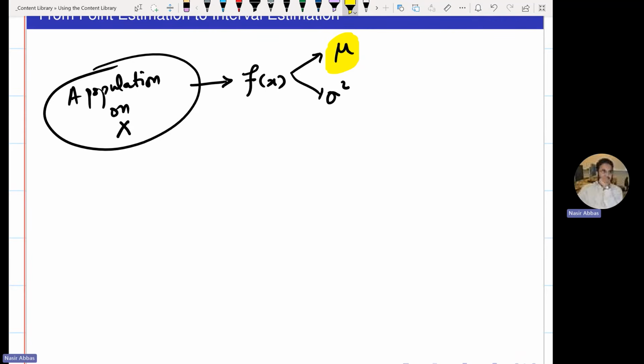Okay. Now, to estimate that mu, which is an unknown quantity from this population, what do you do? Number one, take a sample.